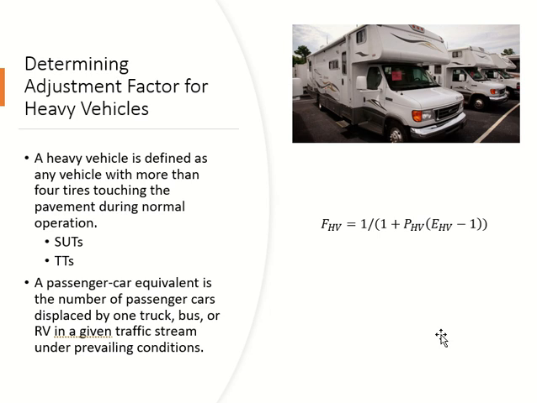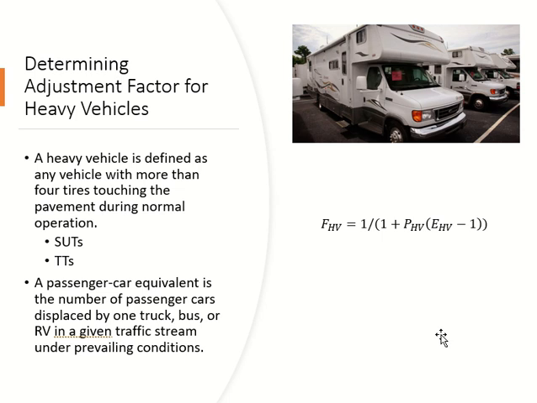If you say one truck equals 2 cars, the effect of one truck is equal to having 2 cars in traffic. So then EHV will be 2. Clear? In comparison to a car, how much extra effect the heavy vehicle has on traffic, that is EHV.